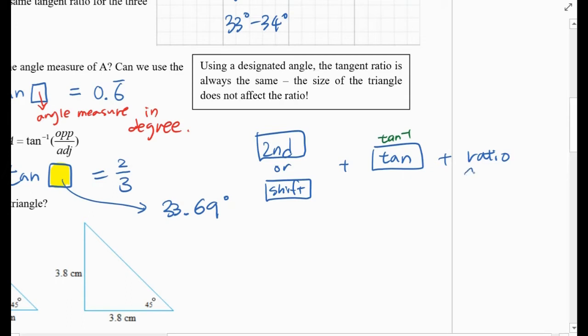You enter the ratio, and then you will be able to find the angle measure.